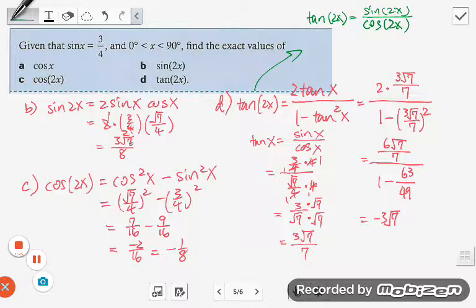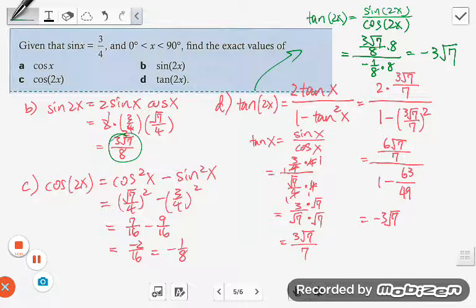So for part B, we already found this. So that would go to the top. So I have 3 root 7 over 8. And for part C, I found that my cosine 2x is equal to negative 1/8. So if I multiply 8 to both my numerator and denominator, that's it. My answer is done. So I'll get negative 3 root 7. So much faster than applying the formula, right?